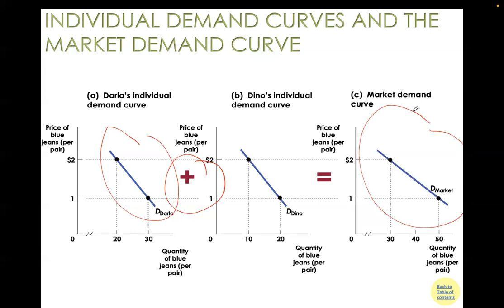All the factors that cause an individual demand curve to move are going to apply to market demand as well. This includes the price of related goods, income, expectations, and so on and so forth, right? Why? Because the market demand is a summation.